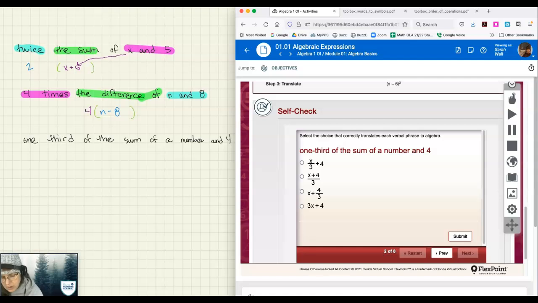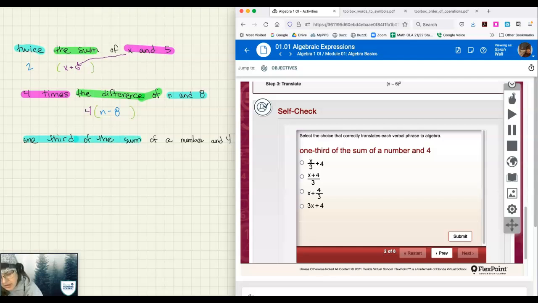That's a really long one. All right, so let's break this down. 1/3 of the sum. One-third of the sum. Okay. Sorry, that took me a minute.